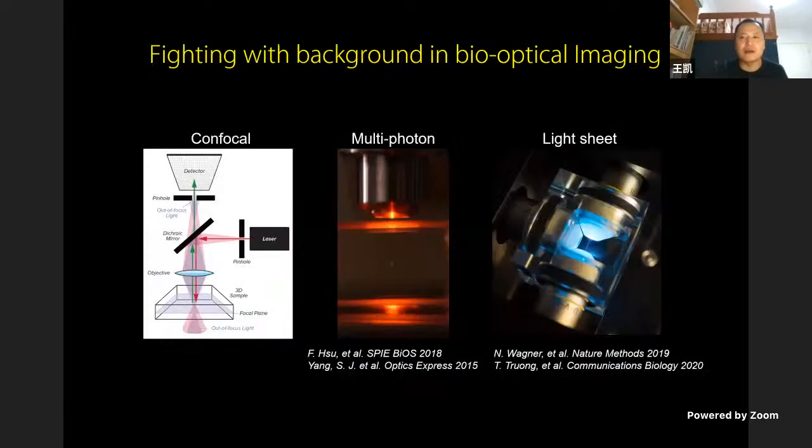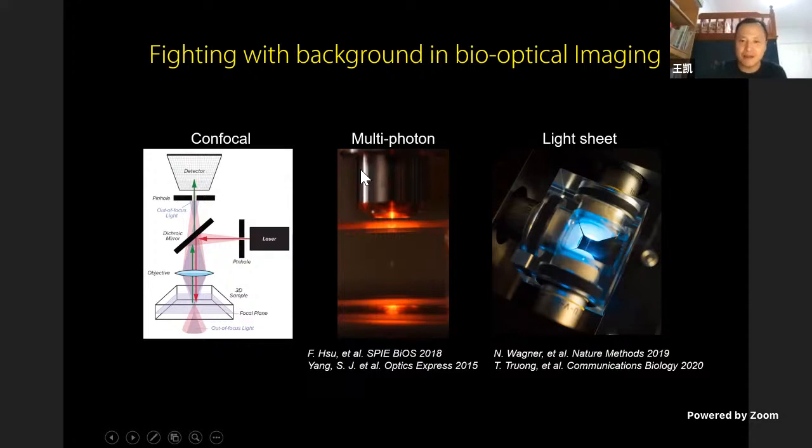Actually, if we look at all modern optical imaging technology, we are all fighting with the background. For example, confocal uses a mask to get rid of background. Multiphoton uses nonlinear effect. Light sheet uses selective excitation. Actually, people in light field camera imaging have already tried to get rid of background using different strategies.